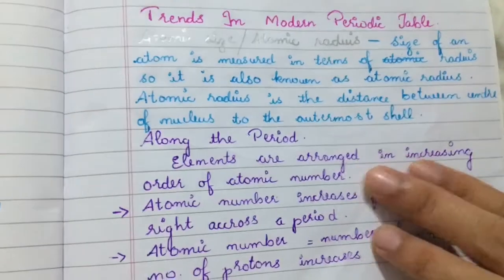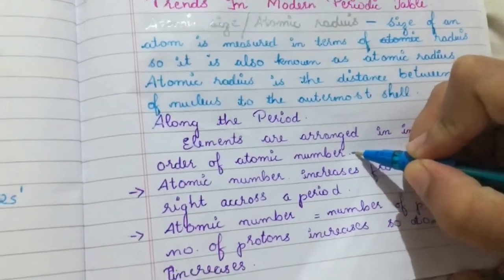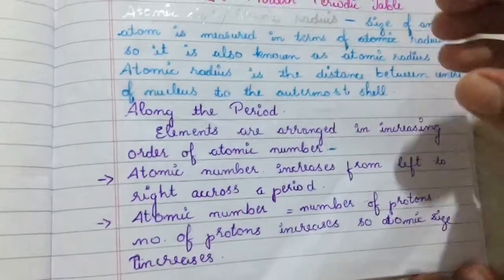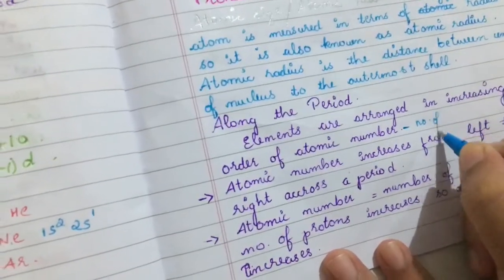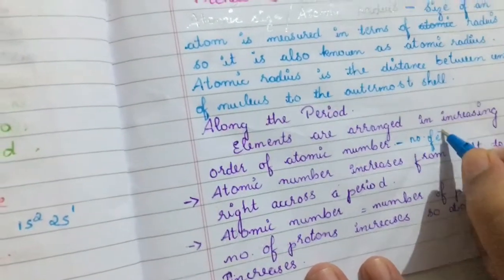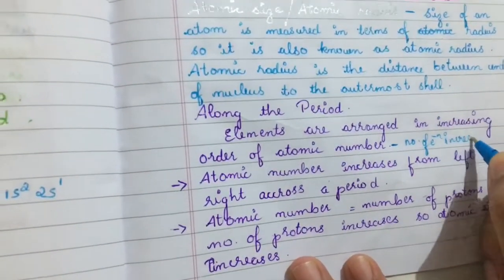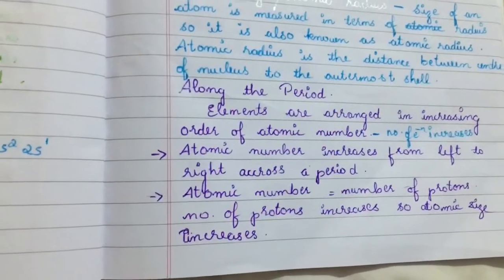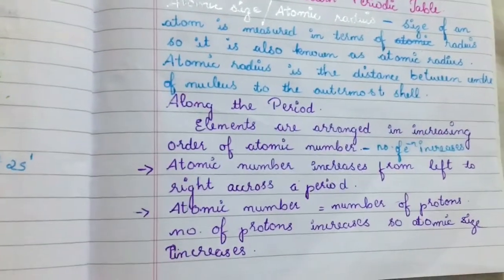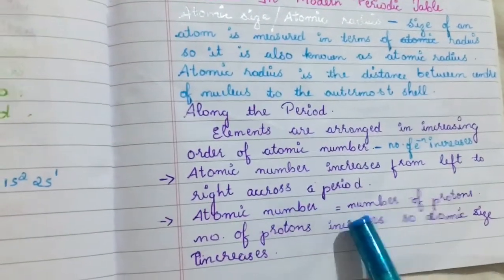Since they are arranged in increasing order of their atomic number, there will be an increase in the number of protons and the number of electrons. That is, there will be an increase in the number of electrons on moving from left to right along a period. So the atomic number increases from left to right across a period.